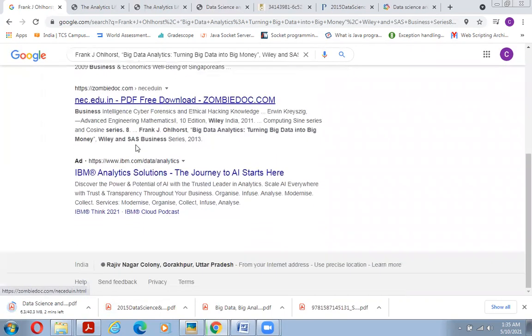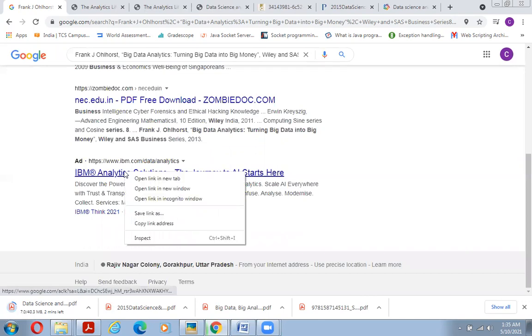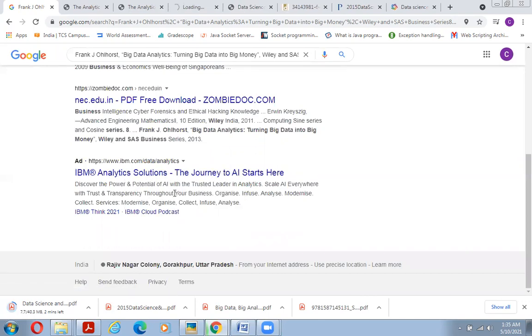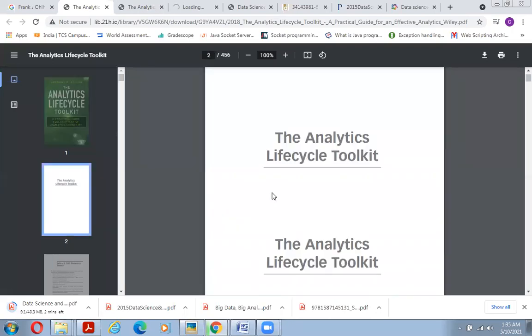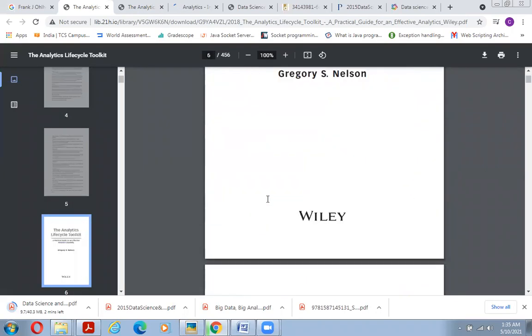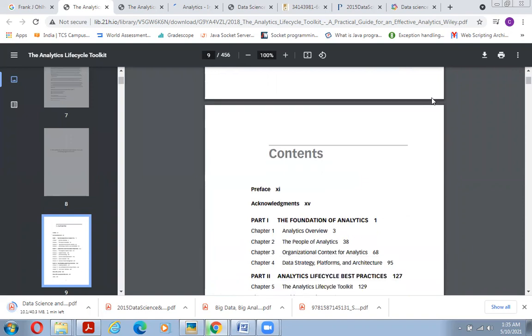We are getting free downloads and we are getting a different thing. Now we have the analytics solution journey: after analytics, how will AI work? So we need to go through various content. What is here?